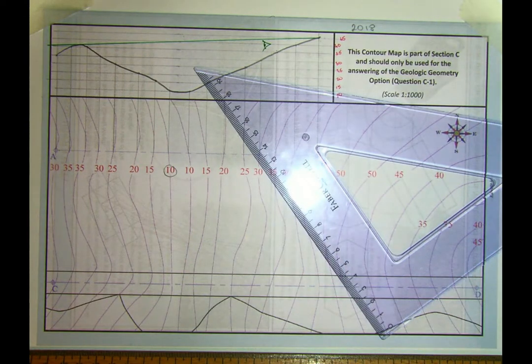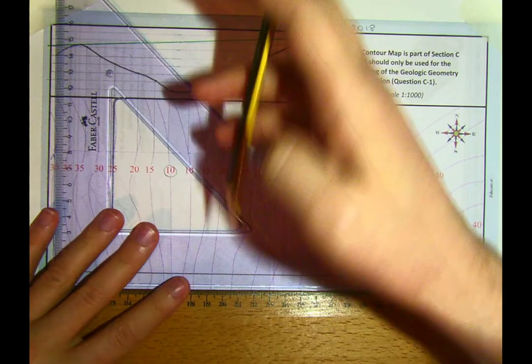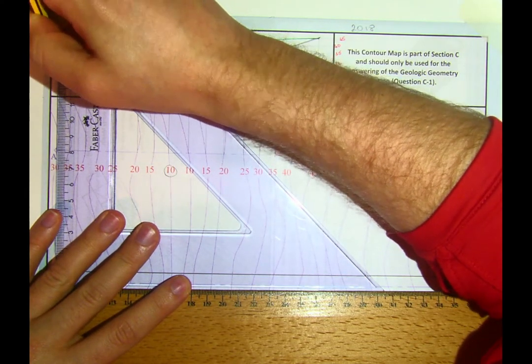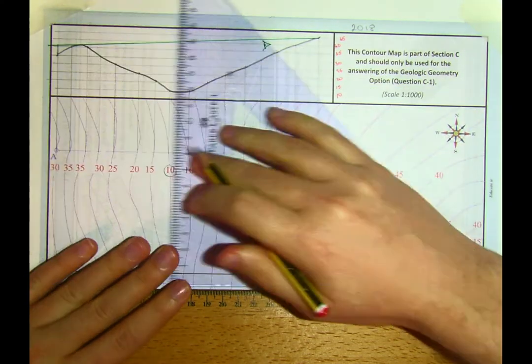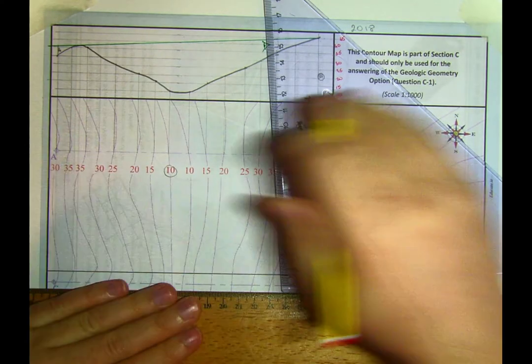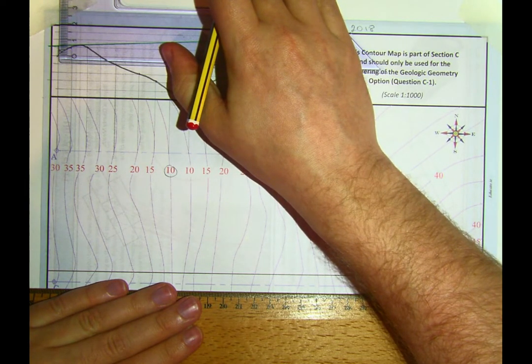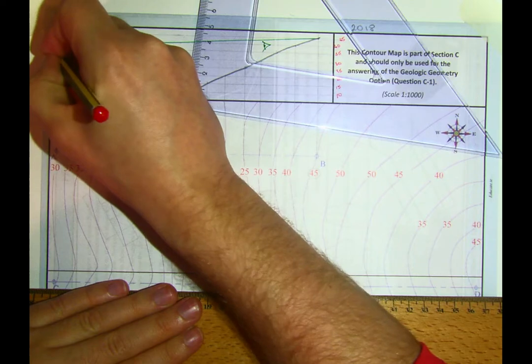So we need to figure out the height. We extend that line up from above point A, going up this way, and that there is the height that we're looking for. Measure it, however many millimeters that is, and it's 6 meters.